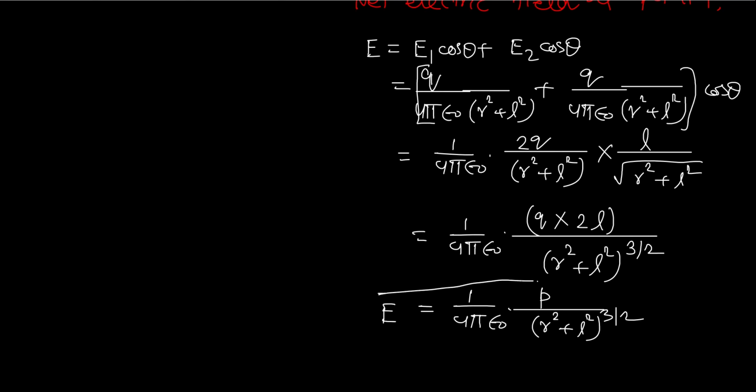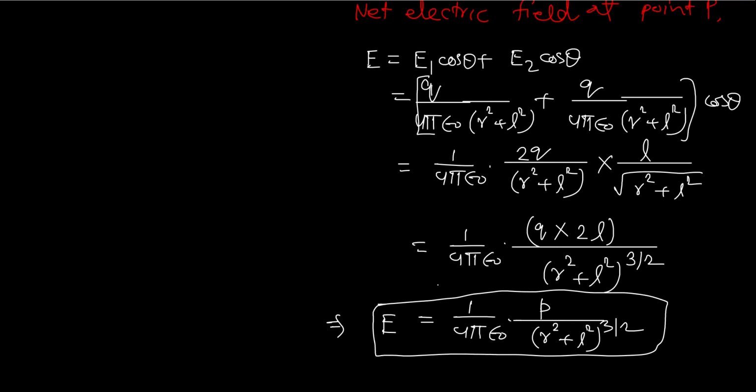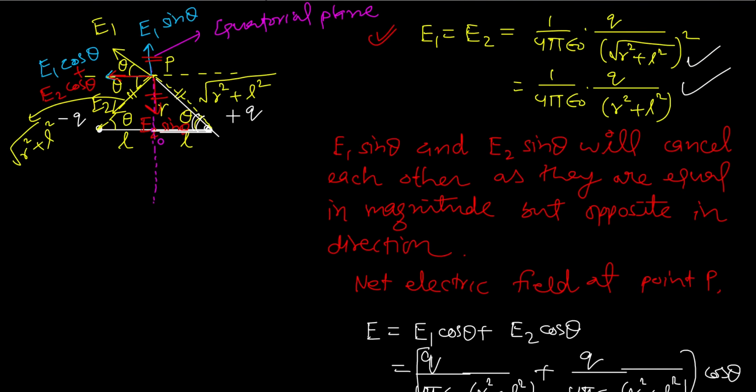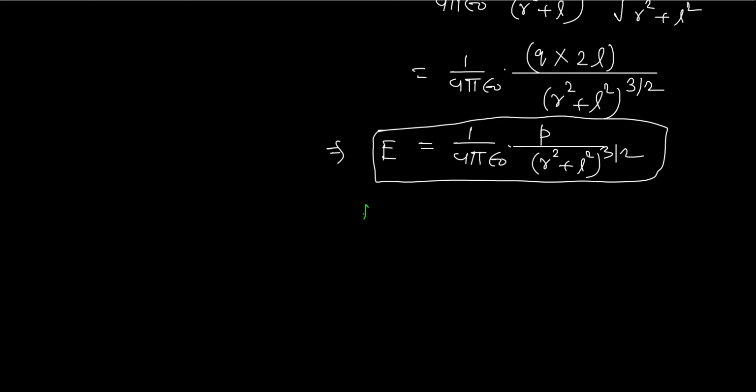So this is the net electric field at equatorial position, and what will be the direction? If you see here, the electric dipole moment, as I told before, will be directed from minus q to plus q charge, so this is the direction of electric dipole moment, but you see that net electric field is directed in this direction, E1 cos theta plus E2 cos theta, so that is the net electric field, and the p vectors are opposite in direction, so you will write that the direction of this electric field is opposite to dipole moment p.